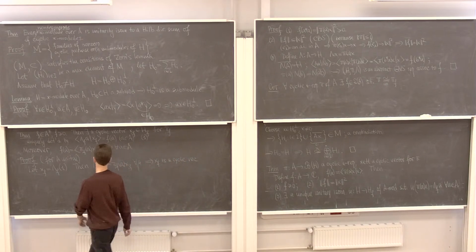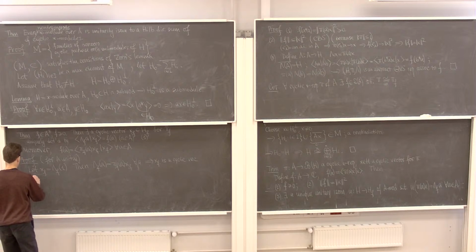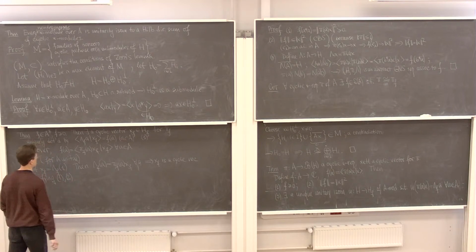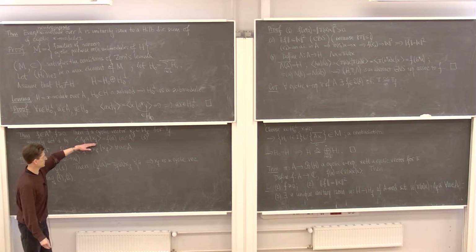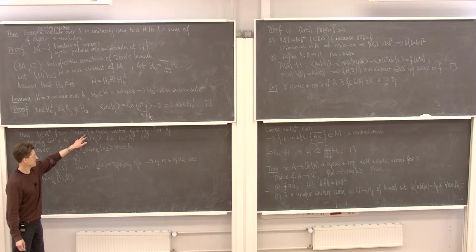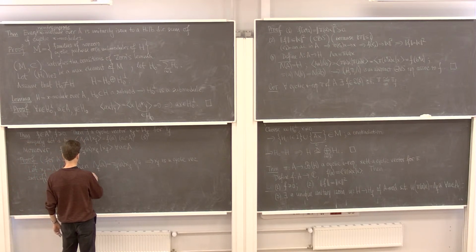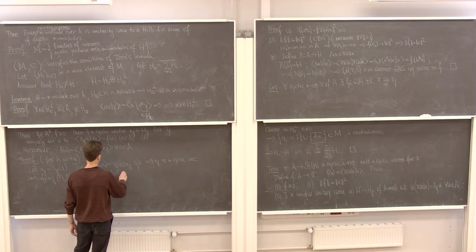And clearly it satisfies both conditions 1 and 2. The uniqueness of such a vector satisfying condition 1 is immediate from the density of the range of lambda.